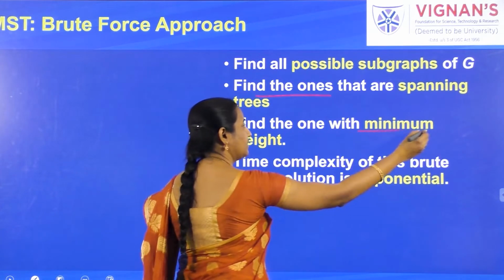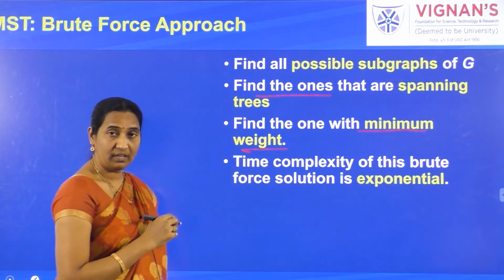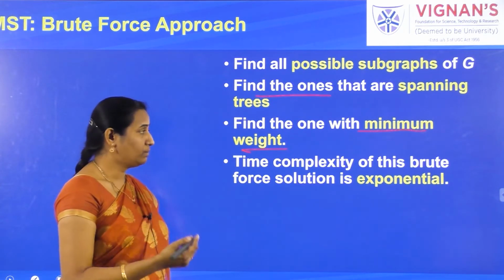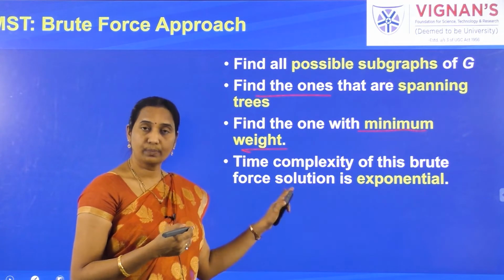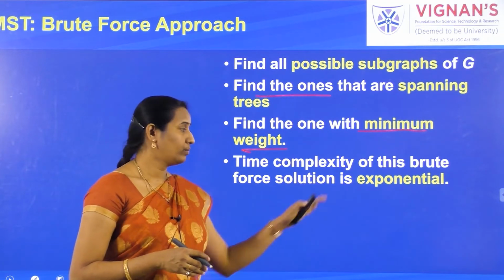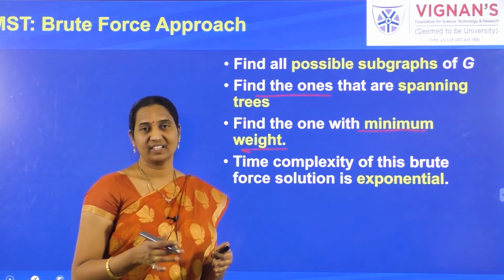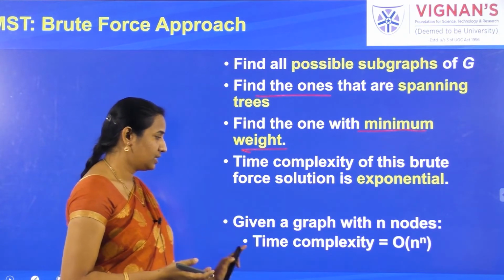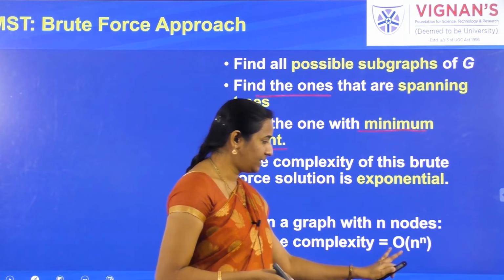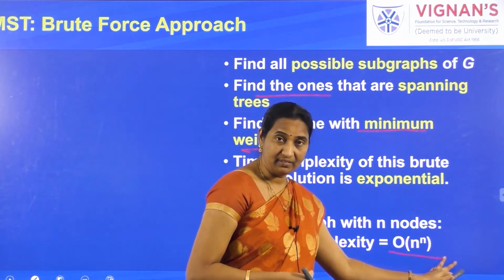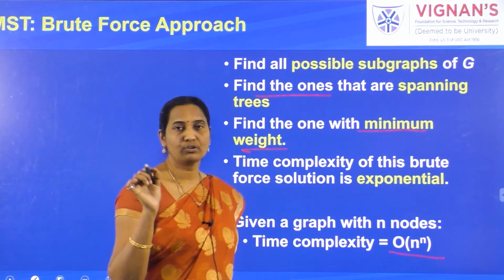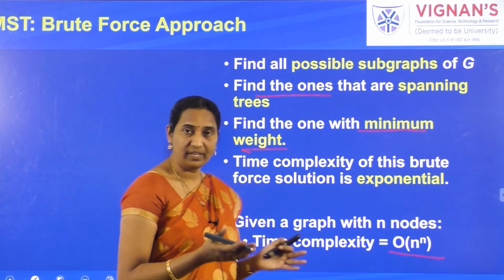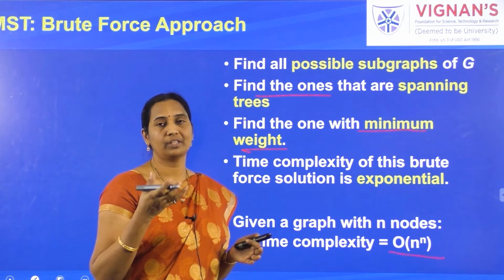That is the third step: find the tree with the minimum weight, and that can be returned as a solution. But if you observe, the time complexity of this brute force approach is exponential. That is why it is not feasible when n is large. Maybe you can consider the time complexity as order of n power n. Even for smaller values of n, this kind of solution is not feasible. So that's why we need an efficient solution to solve the MST problem.